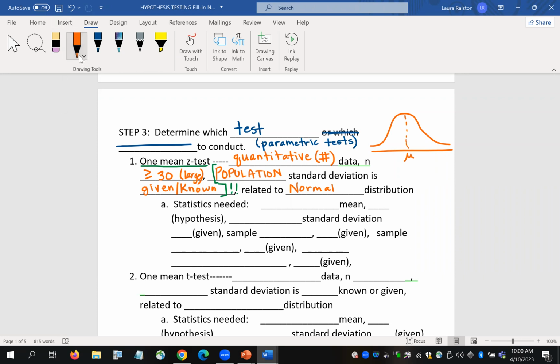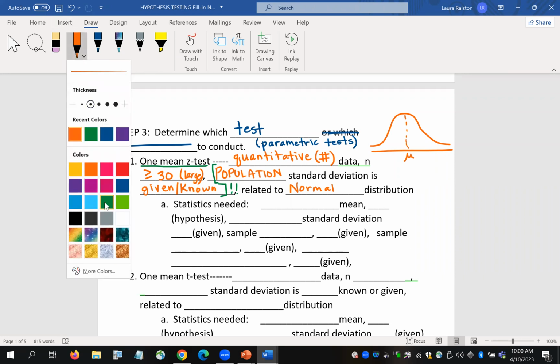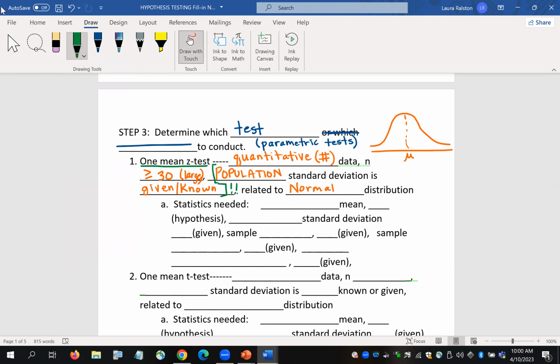In order to conduct a one mean z-test, you need the population mean, which is the Greek symbol mu. You need the population standard deviation, which is the Greek letter sigma. You need the sample mean, which is x bar.